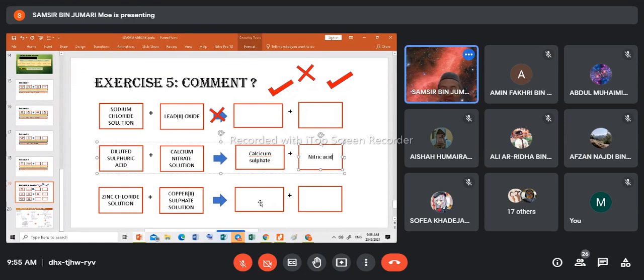If we put together in one beaker, so there is no precipitate will be formed. Because there is no insoluble salts will be produced from the mixture. Okay, so masing-masing dalam keadaan ion-ion bebas, dia tak tercantum macam tadi kan.